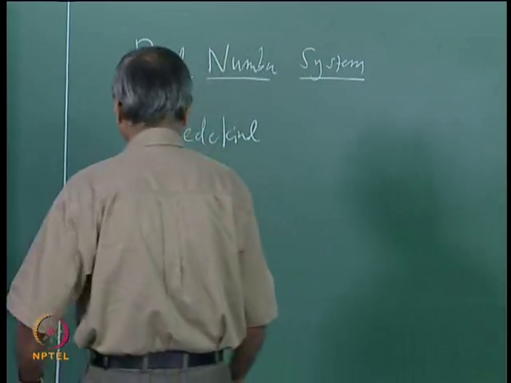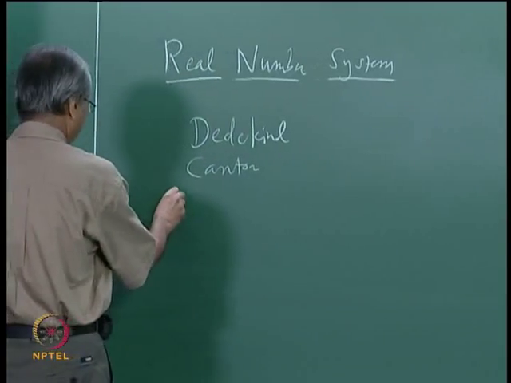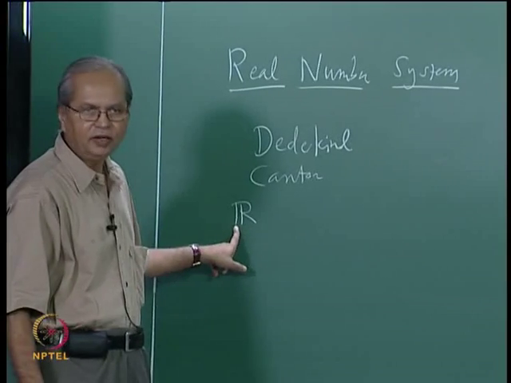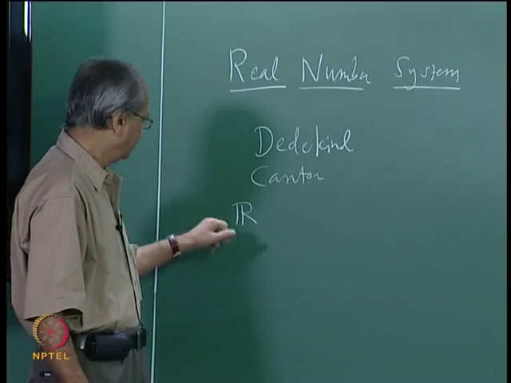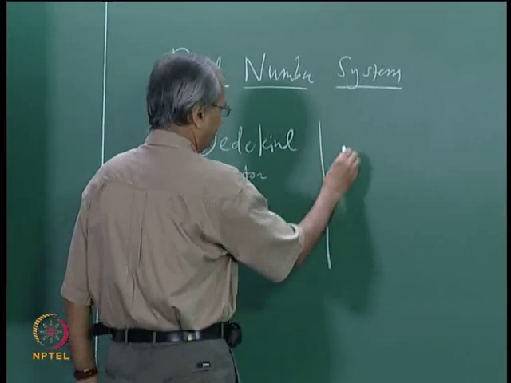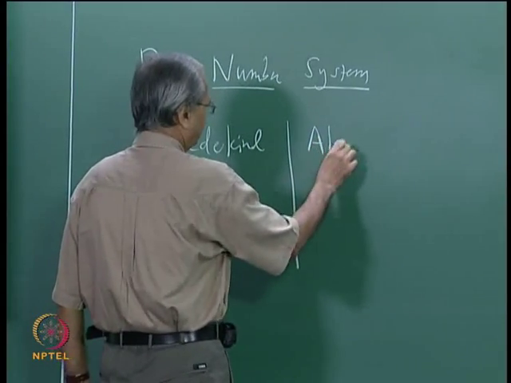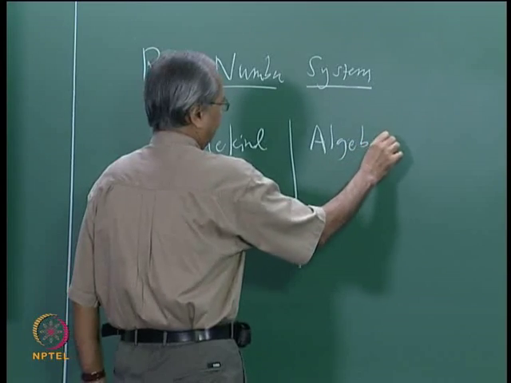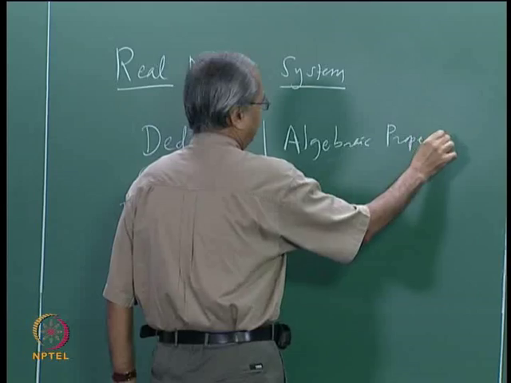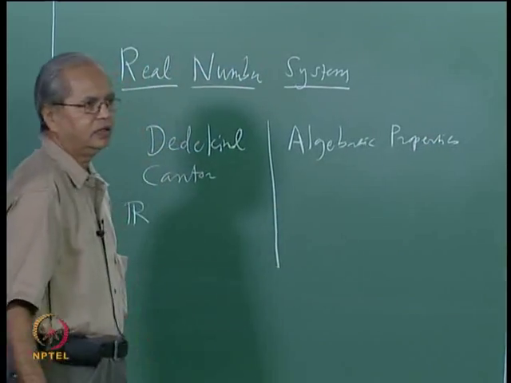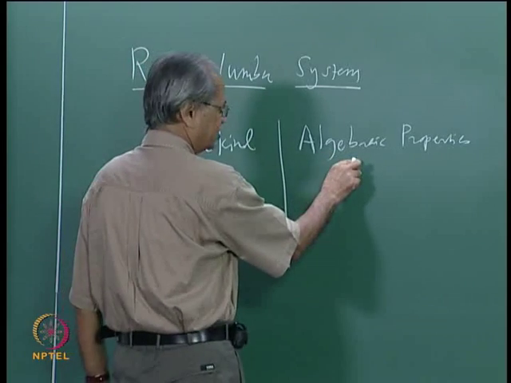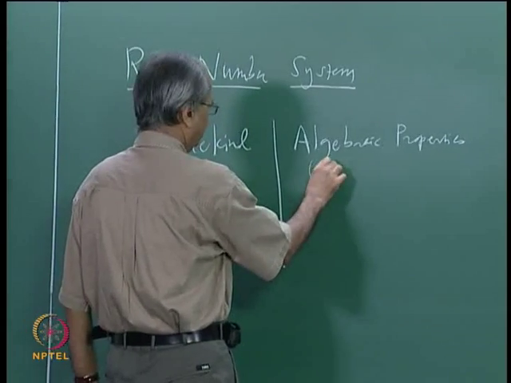To begin with, the real numbers form first of all a non-empty set, which we will denote by R. There are actually three sets of properties. First are what are called algebraic properties, and there is another way of referring to this group of properties: they are also called field axioms.